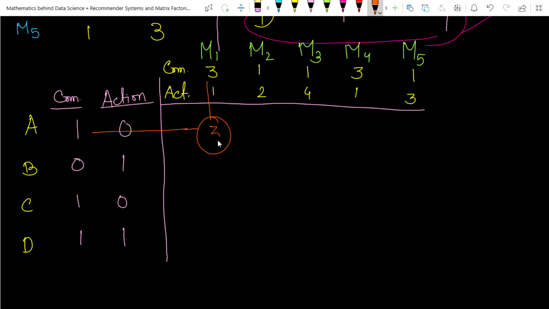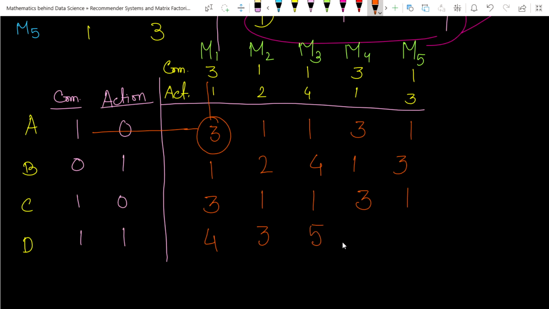We got 3. Similarly for the rest of the elements, we got 1 1 3 1 1 2 4 1 3, 3 1 1 3 1, 4 3 5 4 4.